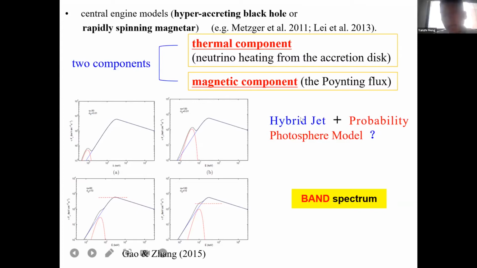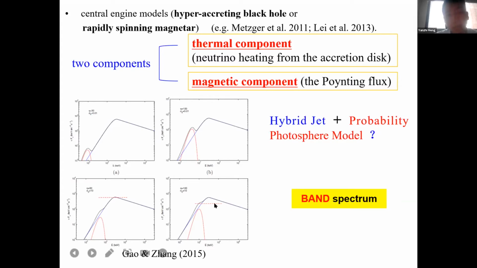So if the jet is a hybrid jet, what will we get for the photosphere spectrum? Interestingly, we find that after considering the hybrid jet and the probability photosphere model, we may have the Band-like spectrum.